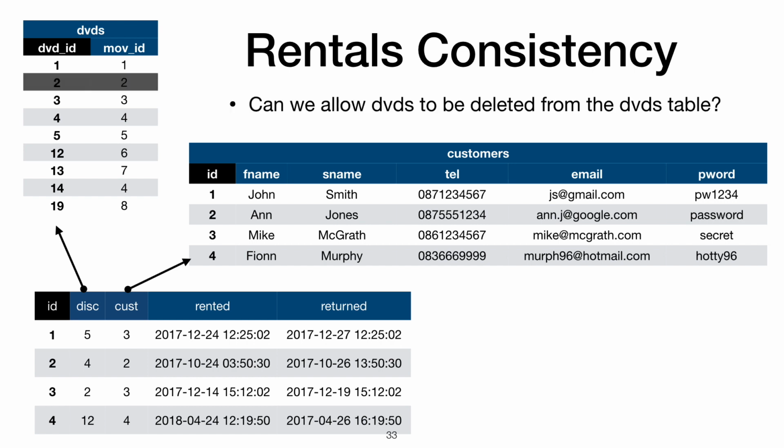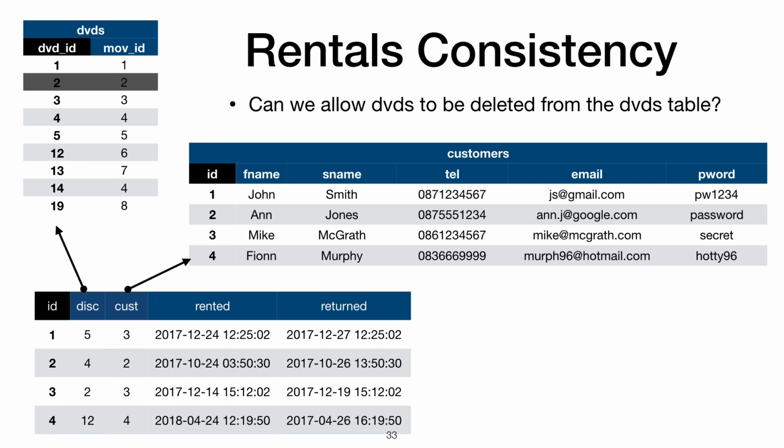So can we allow DVDs to be deleted from the DVDs table? If there was an attempt to delete DVD ID 2 from the DVDs table, that would pose a problem for us, because that disk 2 is being used in the rentals table.